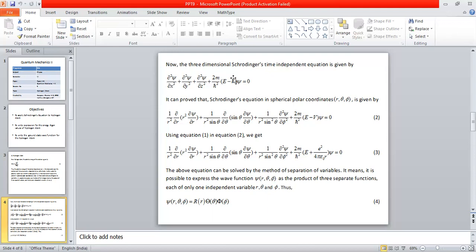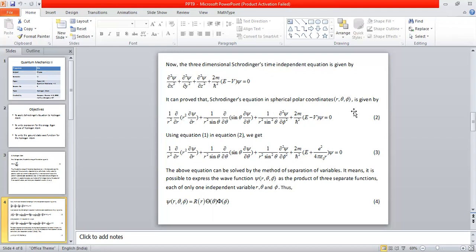This entire equation can be expressed in terms of r, theta, phi, and we end up with a little lengthy and cumbersome equation, represented by equation 2. Equation 2 represents the same old Schrödinger's equation in 3 dimensions, but in terms of spherical polar coordinates r, theta, phi. I'm going to read out this equation.